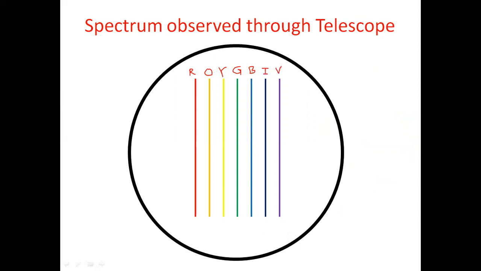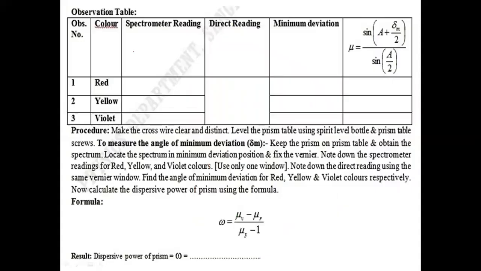So VIBGYOR or ROYGBIV. After that, the observation table is there. In that observation table you have to take the spectrometer reading for red color, for yellow color, and for violet color.